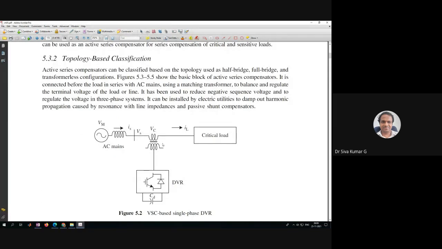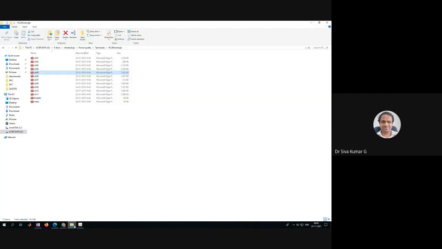Here, this is a series transformer which is connected between the terminal voltage that they have represented as Vs. Maybe at the IL point.